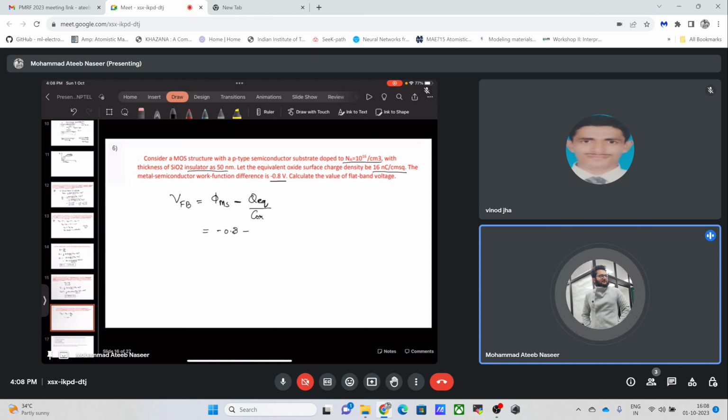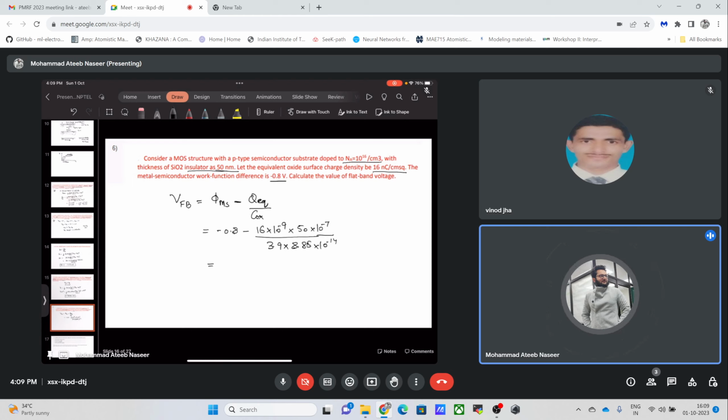So I would say that it is 1.116 into 10 to the power of minus 9 coulomb per centimeter square, into this 50 into 10 to the power of minus 7, which is the T ox, divided by epsilon ox, which is 3.9 into 8.85 into 10 to the power of minus 14.